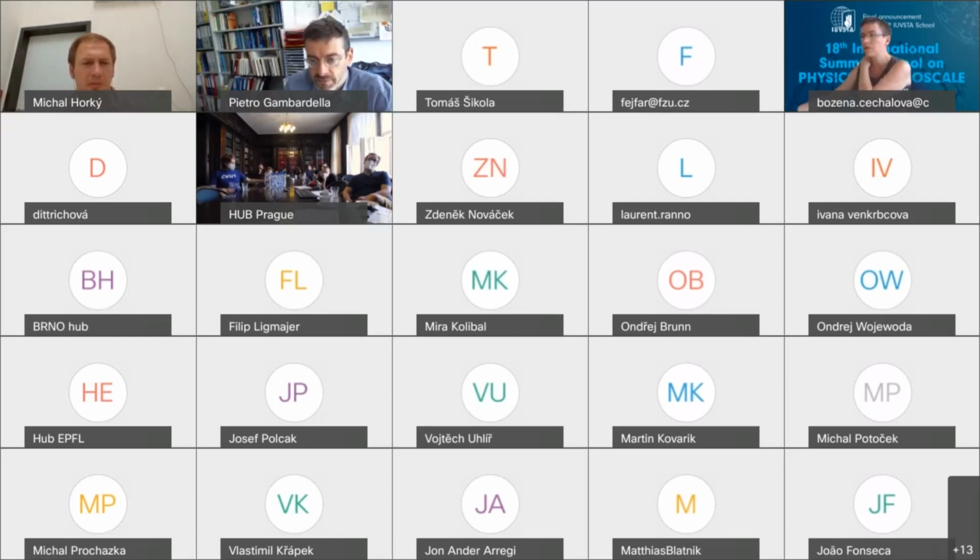Okay, and please tell me what can be that typical thickness of platinum to get the highest efficiency. It's typically between 3 and 5 nanometers.